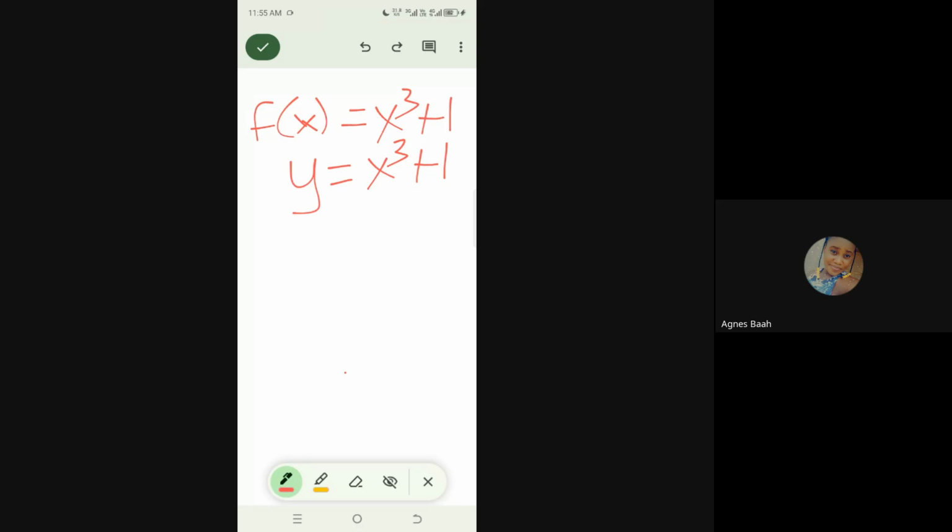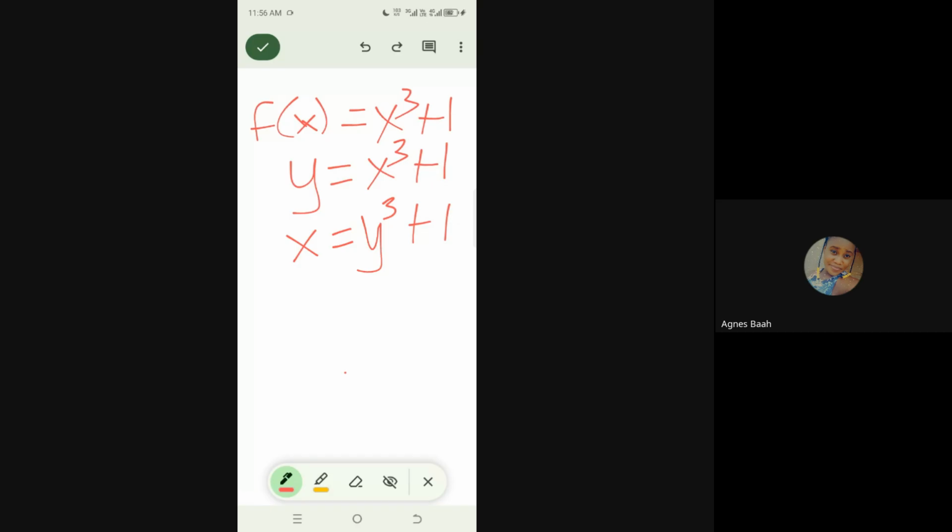After getting this, the next thing you do is interchange the positions of x and y. Wherever you see x, you put y there. Wherever you see y, you put x there. And this is what we are going to get.